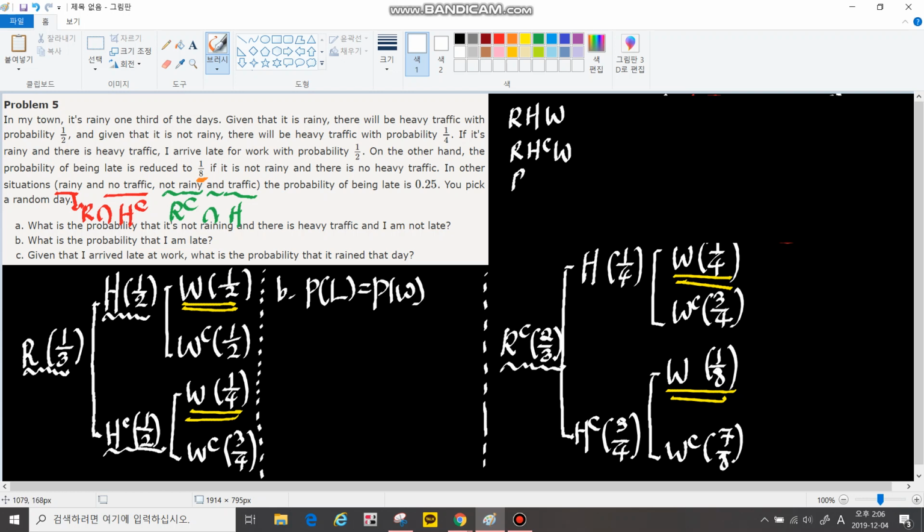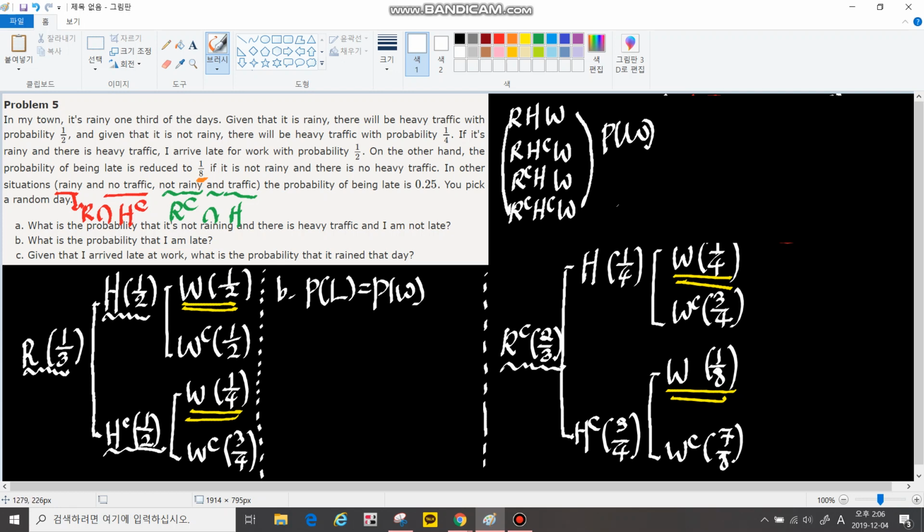And then it's not raining outside and there is heavy traffic, and then he is late for work. And then it doesn't rain outside, there's no heavy traffic outside, and then he is late for work. So we are calculating this, right? Then how does this amount to PW? You should be asking yourself this question.